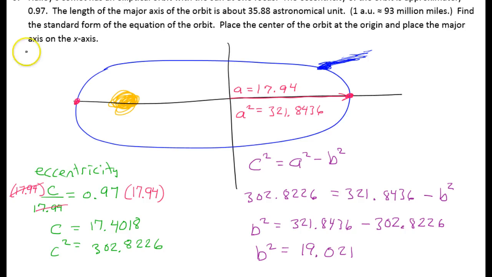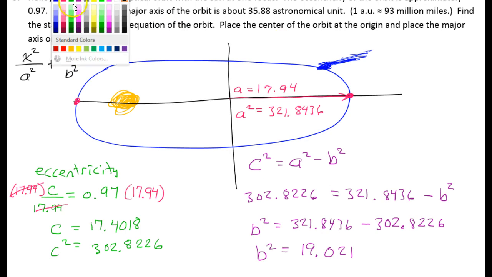Now remember that the standard form equation of an ellipse centered at the origin is like this: x squared over a squared plus y squared over b squared is equal to 1, where a is the distance to a vertex. This is how it'll be if it's horizontal, like this. So I'm going to rewrite this, substituting in my a squared and my b squared, and I'm going to round to 2 decimal places.